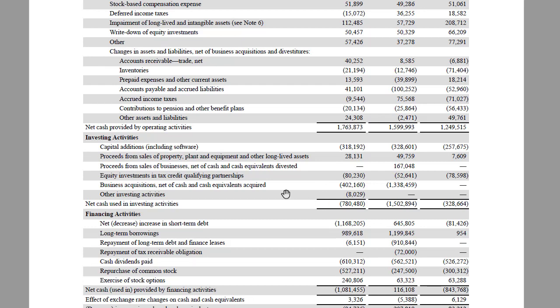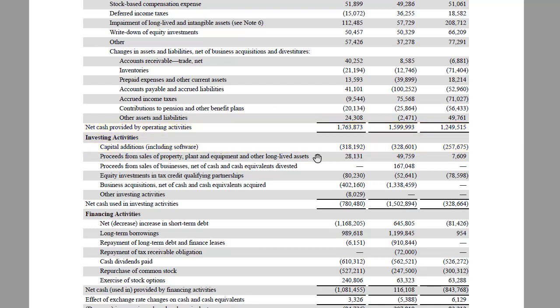So generally, the main one you're going to see is additions to property, plant, and equipment. But in this case, they call it capital additions, which includes software. So if you were looking at the free cash flow of the business, you would take this operating activities number and deduct this outflow for capital additions.